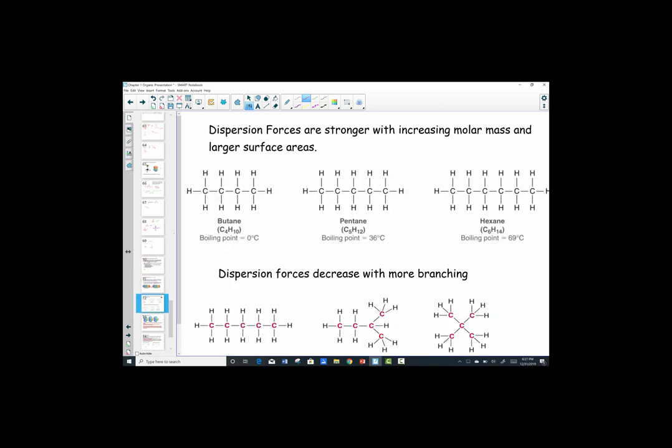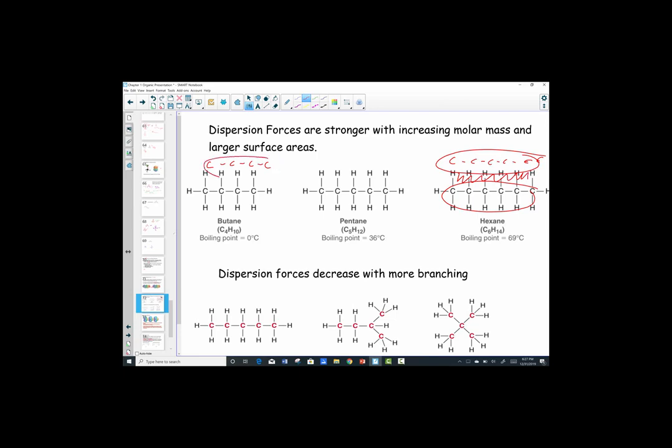Now, a dispersion force can increase with increasing molar mass and larger surface areas. Keep in mind, it's how we can influence one molecule to the next. So the longer the molecule is, the more surface area it has. The longer molecule can interact over a greater surface area to create these temporary dipoles.